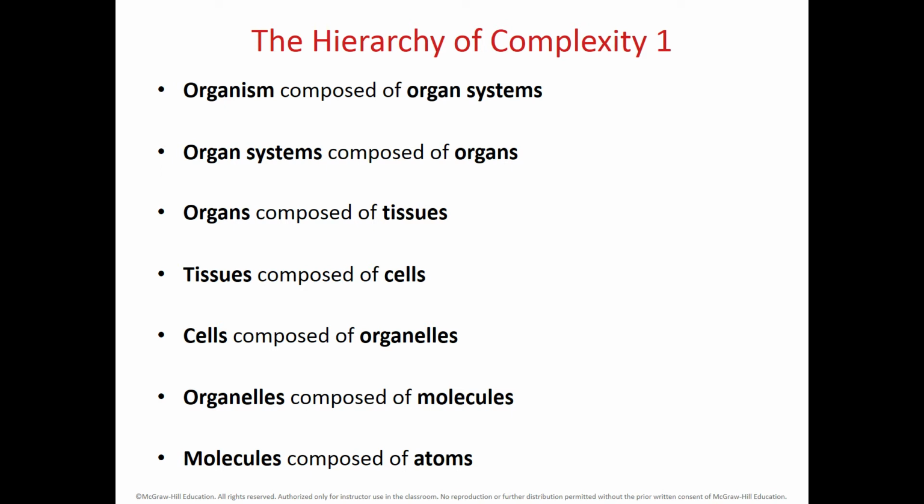Within our cells, we have molecules like proteins, lipids or fats, DNA, and carbohydrates. These four structures are called macromolecules in our body. Now, these molecules are composed of atoms, which are the smallest unit in our body that has a definitive chemical structure.